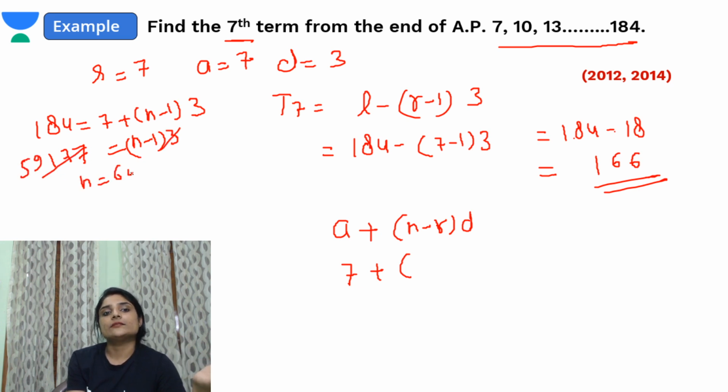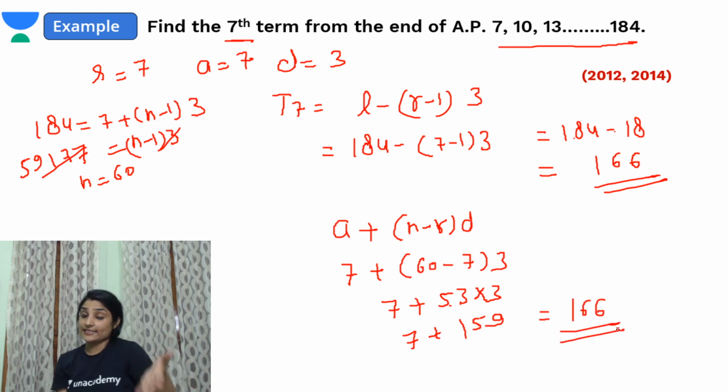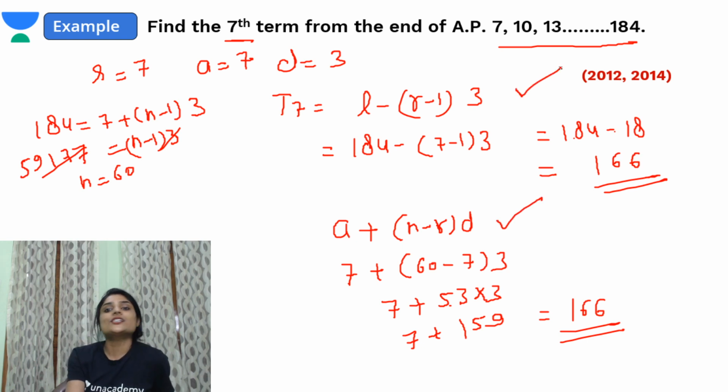N will be 60. So you need to put 60 minus 7 into 3. That means 7 plus 53 into 3. That means 166.